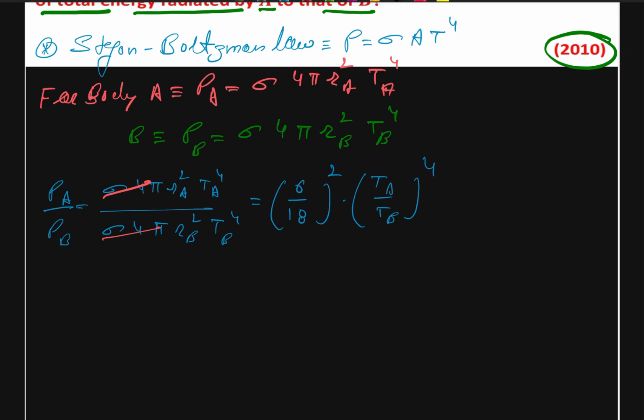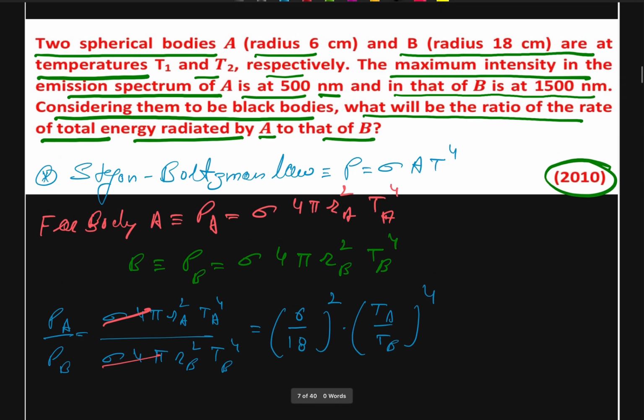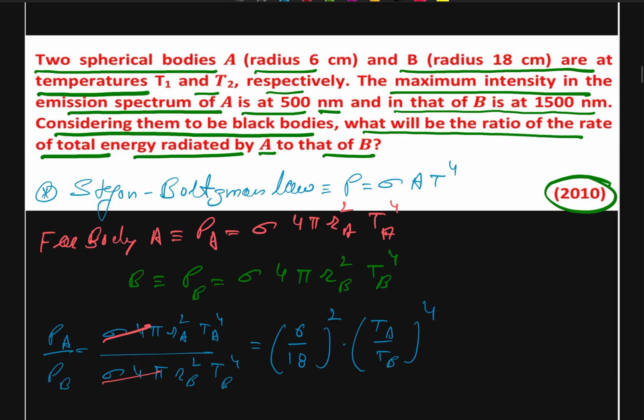Temperature is not given to us, but we are given the wavelengths. Maximum intensity at 500 nanometer as well as 1500 nanometer is given to us.